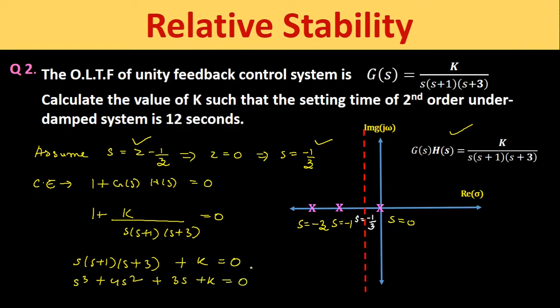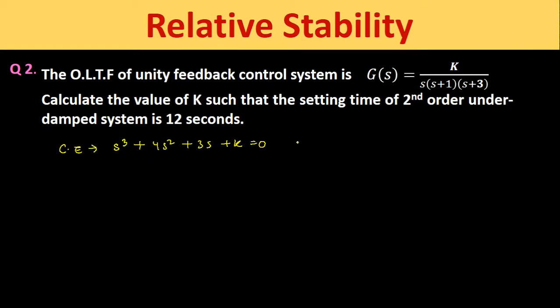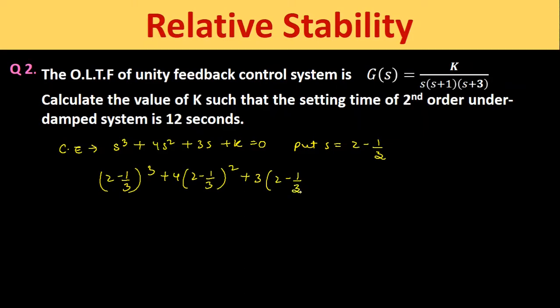Now in this characteristic equation, we will put s is equal to z minus 1 by 3. So we will get (z minus 1 by 3) whole cube plus 4 into (z minus 1 by 3) whole square plus 3 into (z minus 1 by 3) plus K is equal to 0.